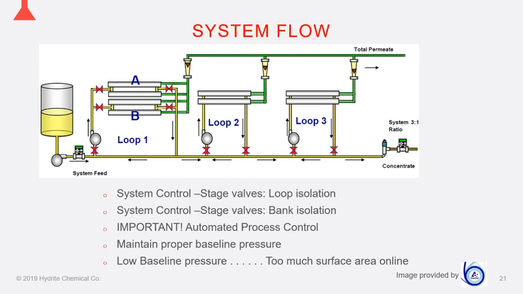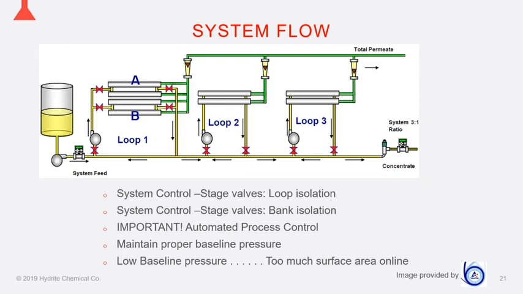Knowing when the loops turn on, and the time interval between each loop being turned on, is a really good indication of how that membrane system's performing. You can ask an operator; he typically knows that loop 2 might get turned on 1 or 2 hours after production started, then loop A or B might come on another 2 hours after that, and then loop B comes on 2 hours after that.